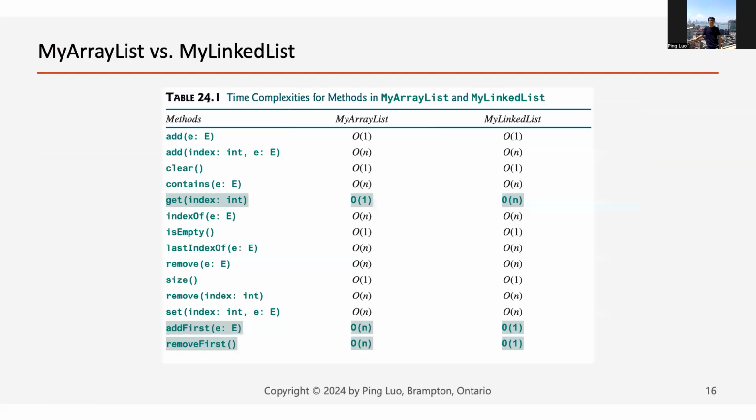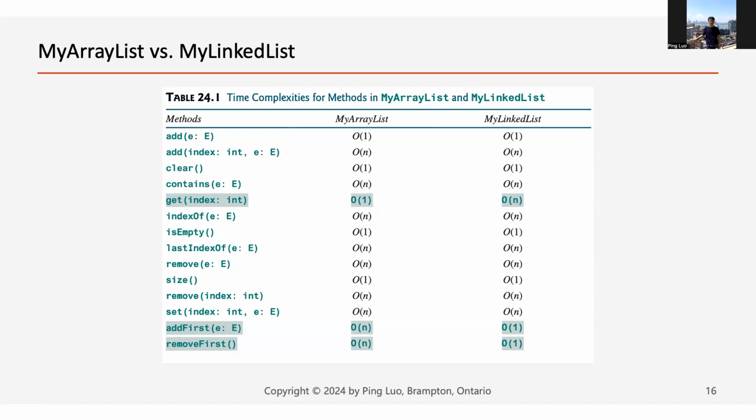So we have talked about these two implementations, and you can see the difference in the running time complexity of all these different methods. Because the array version is used, getting an element is O(1): just give the index and you get the value. But for the linked list, you have to start from the beginning and go next all the way to the element.